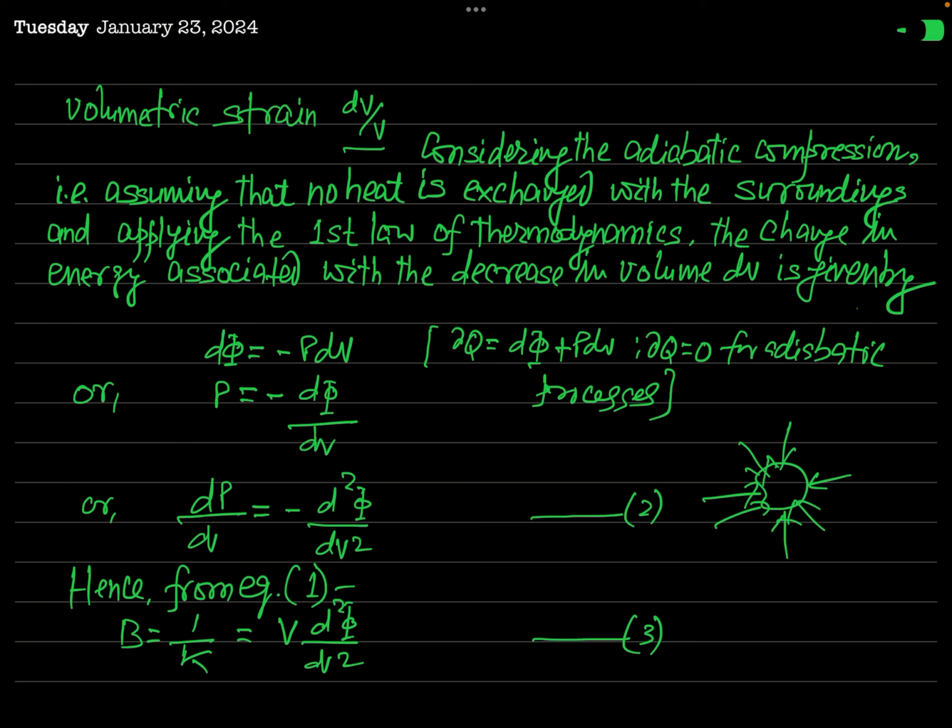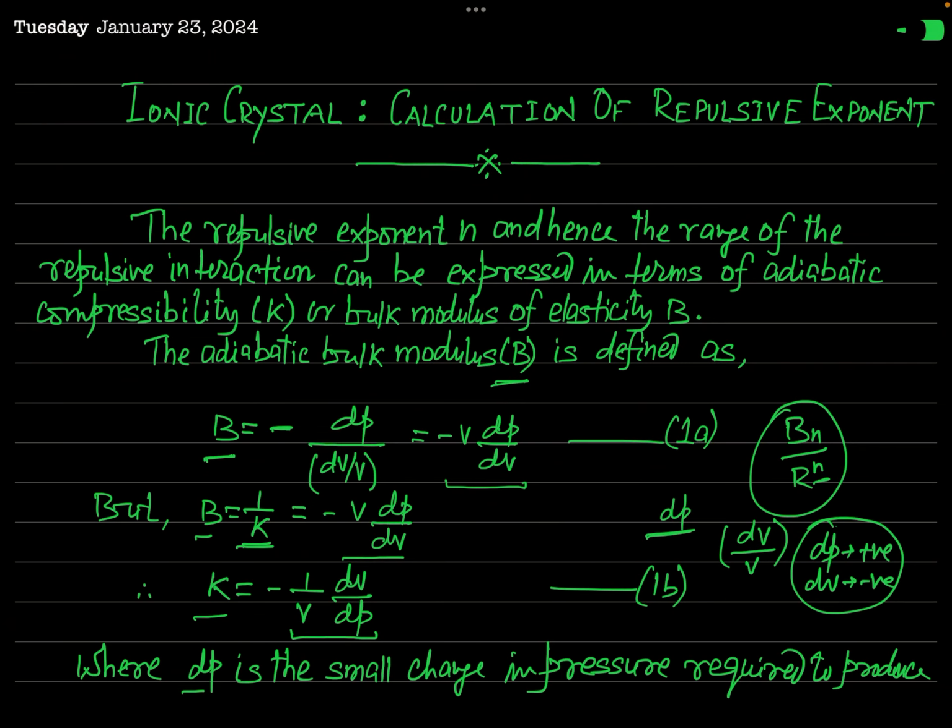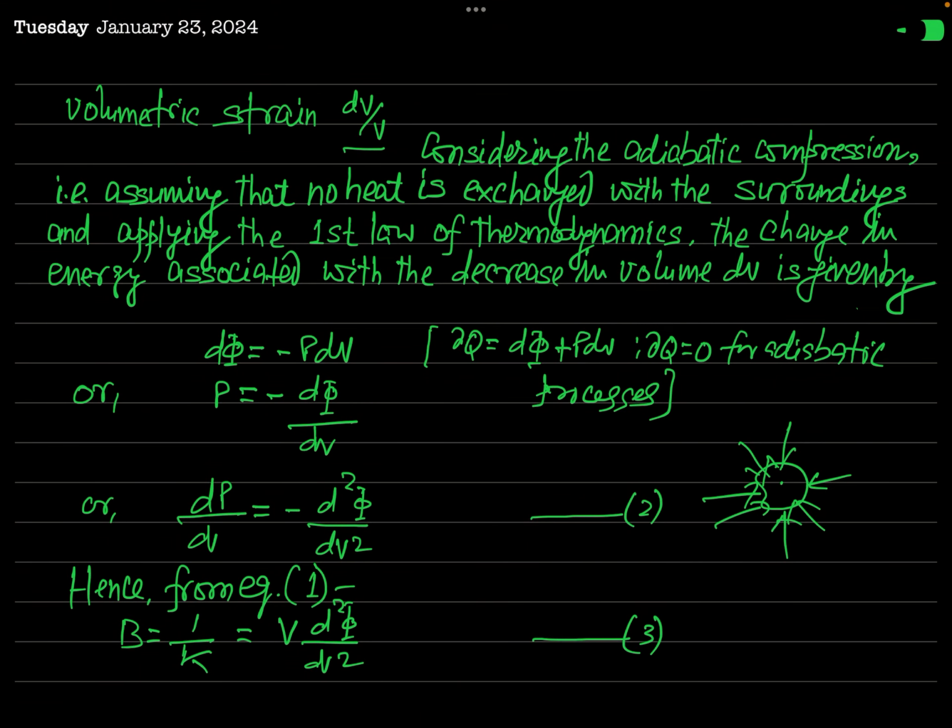It means there is no exchange of energy between this system and its surroundings. So we can find the value of this derivative dP by dV or dV by dP in terms of the first law of thermodynamics. The first law of thermodynamics reads as del Q equal to d phi plus P dV.